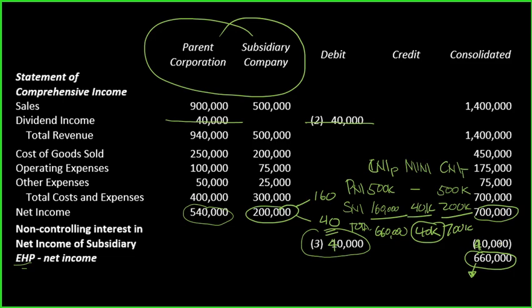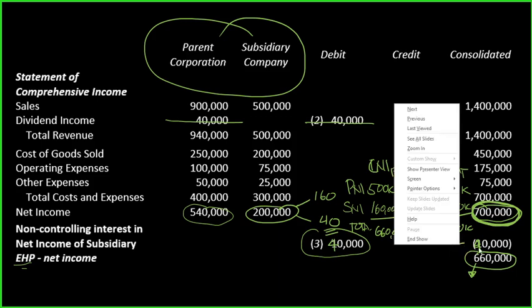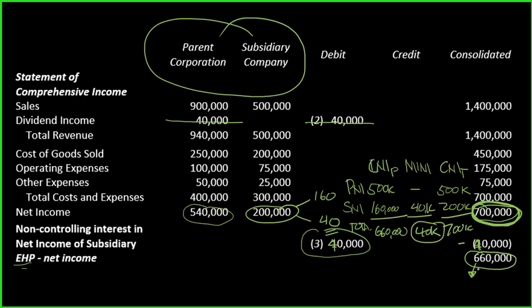Let's go back. Alam ko litong-lito na kayo. Ako rin, nalilito. For example, how much is your consolidated net income? It's 700,000. How will that be presented? Total na consolidated net income, 700,000. How much is the parent's equity in the consolidated net income? Less minority interest net income, which is 40. The answer will be 660.